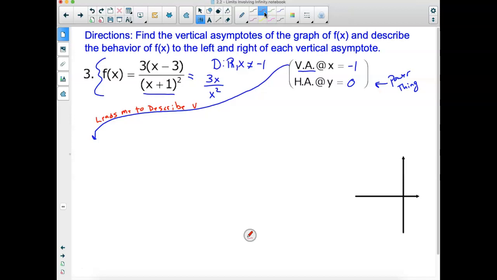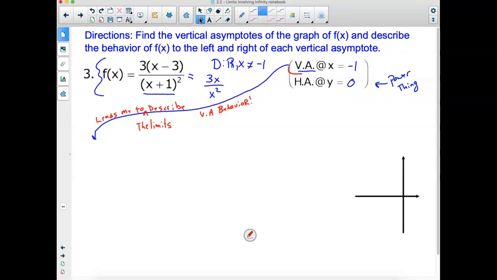I guess I should spell it all out. Leads me to the limits to describe vertical asymptote behavior.